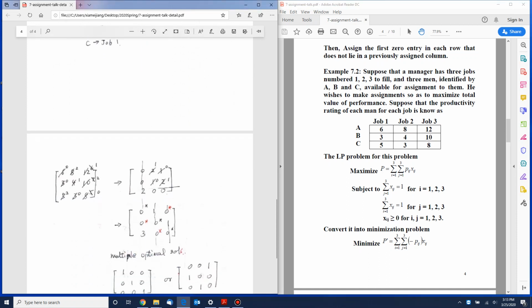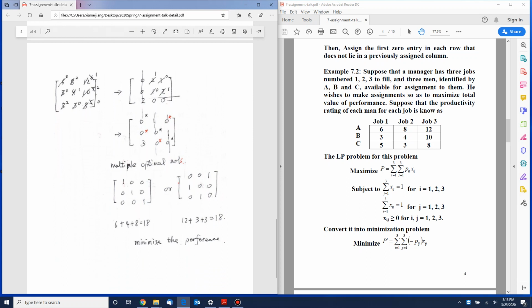So someone just simply writes down the matrix and works on it, and what you get is the first person for the first one, second person for the second one, third person for the last one, and in this way you get 18. The performance is a poor performance. You minimized the performance.